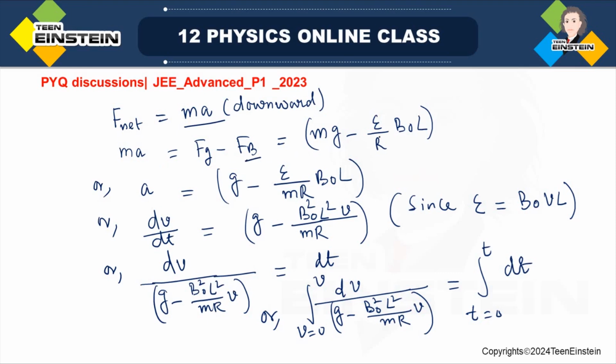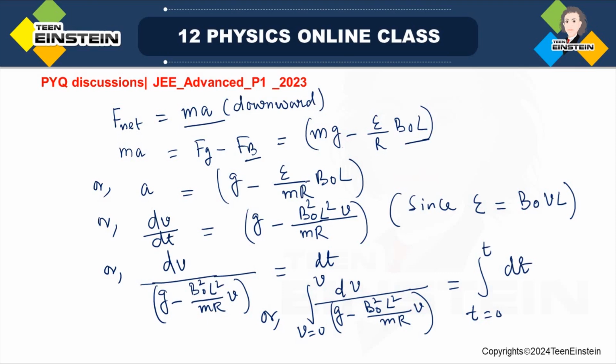Fg is mg, and Fb, the magnetic force on the conductor, is E by R times B0 L. So from here I can get acceleration if I just divide by the mass.